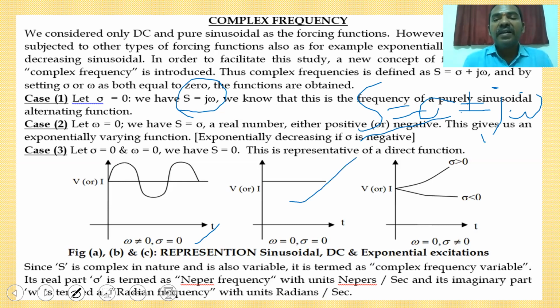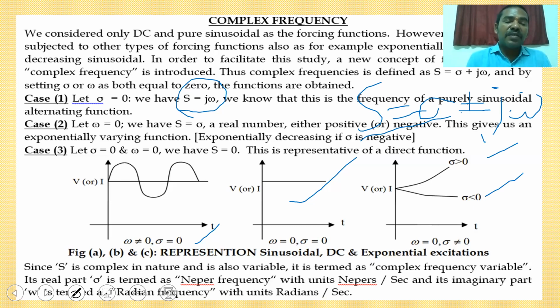If omega is equal to 0 and sigma is not equal to 0, you get exponentially increasing or decreasing conditions.